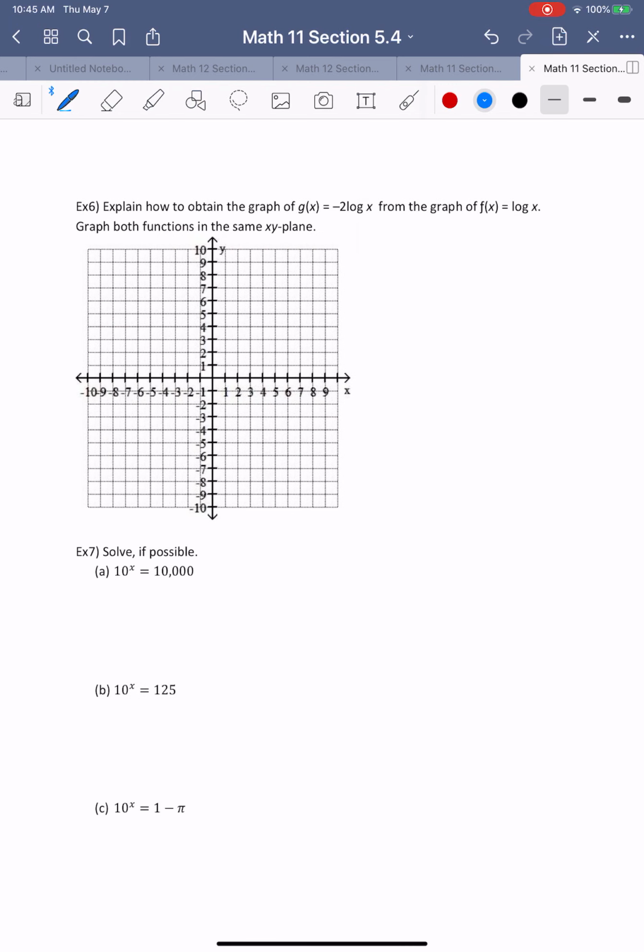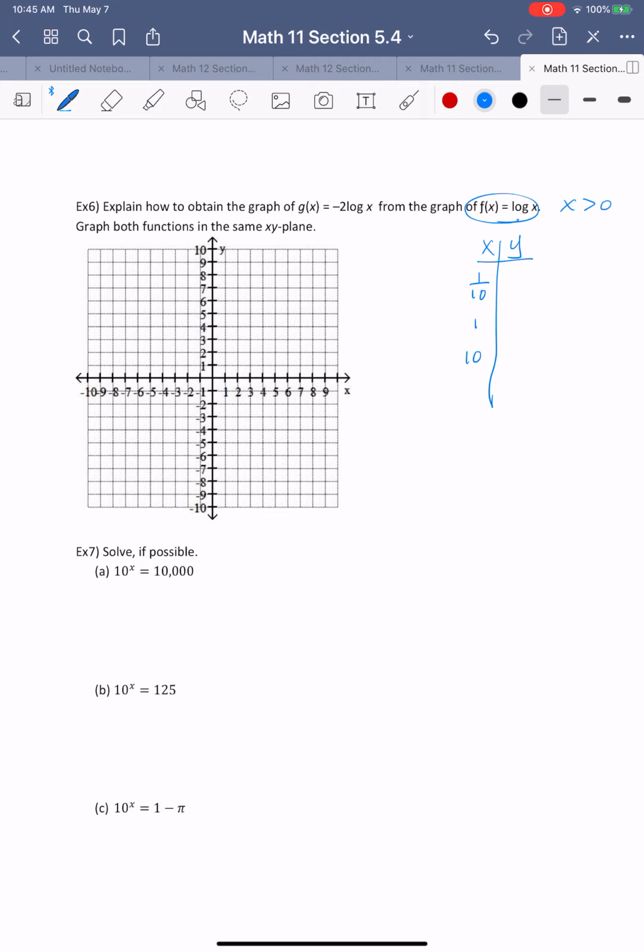And then number 6, explain how to obtain the graph of g of x equals negative 2 log x from f of x equals log x. So this table, actually in here, use a 10. I can't really use that much, but x must be a positive number, so I can use that. I want to use maybe 1/10 and then maybe 1 and then 10, okay, because those are the numbers I can find there.